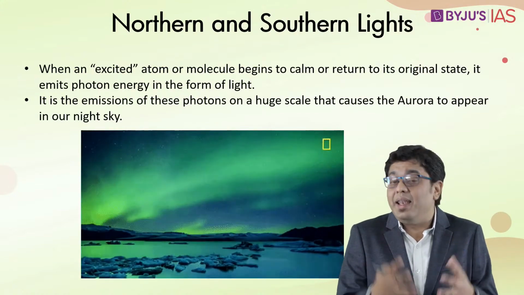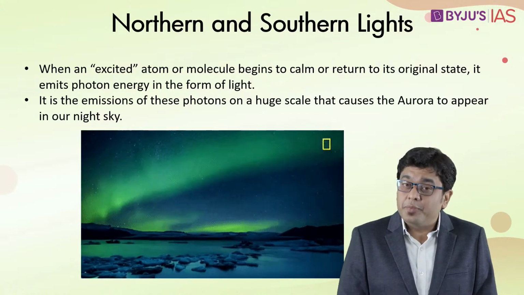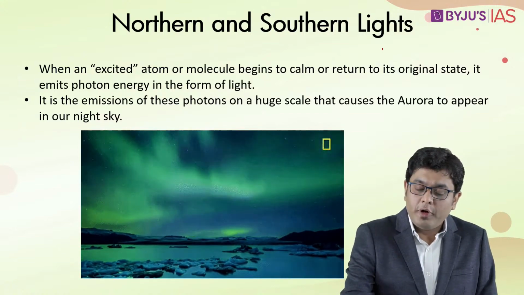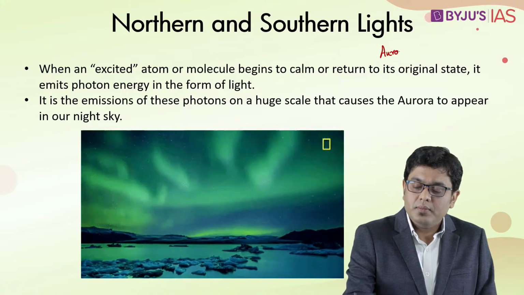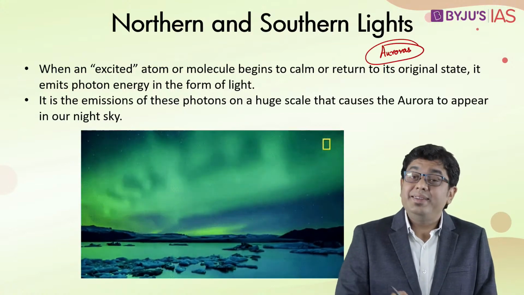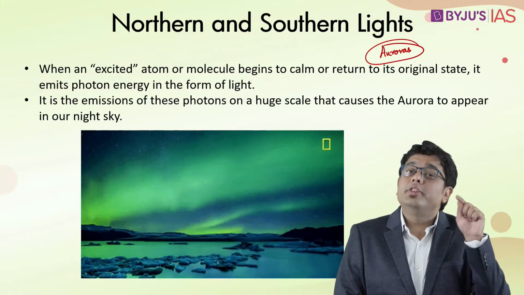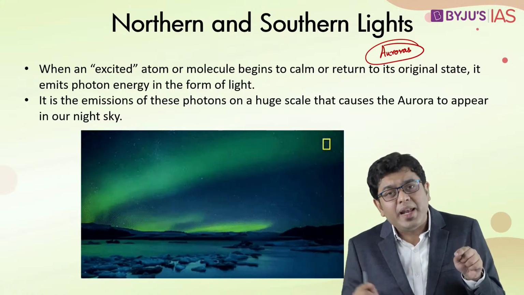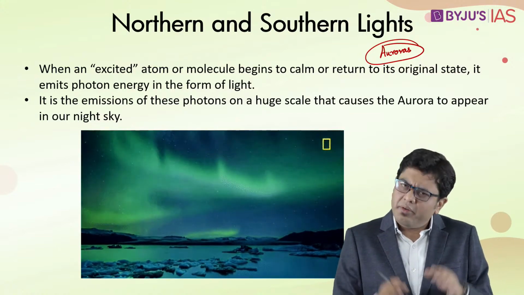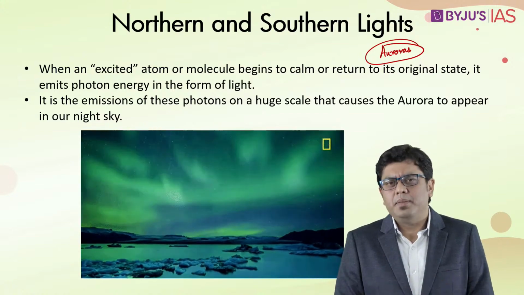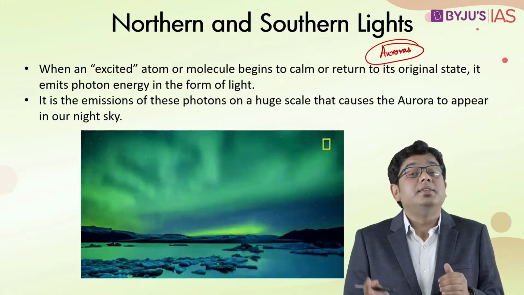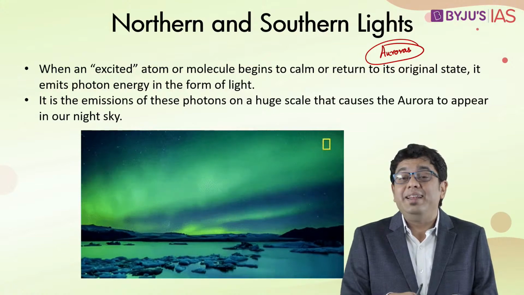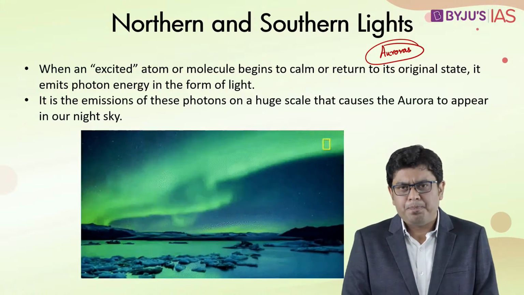And it is these lights that we end up experiencing in the form of auroras. And they occur along the northern polar region as well as the southern polar region. The reason again being the same, that in these areas the density of magnetic field lines is the maximum.